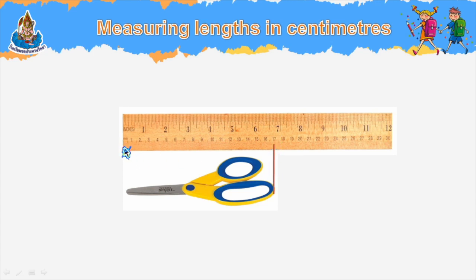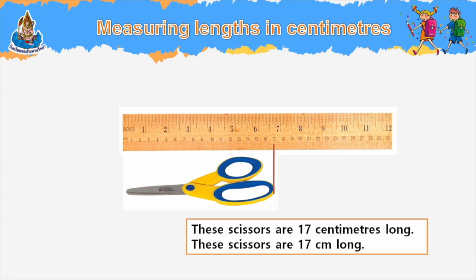Starting from 0 to there. The scissors are 17 centimeters long. Or you can write it this way: these scissors are 17 centimeters long.